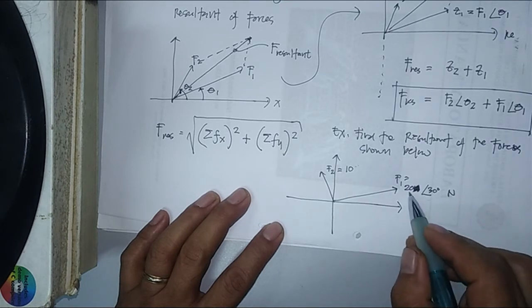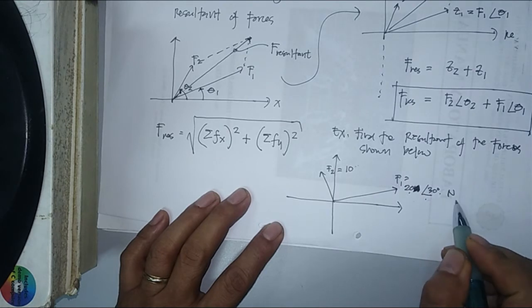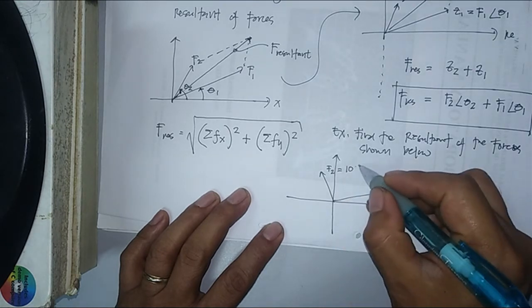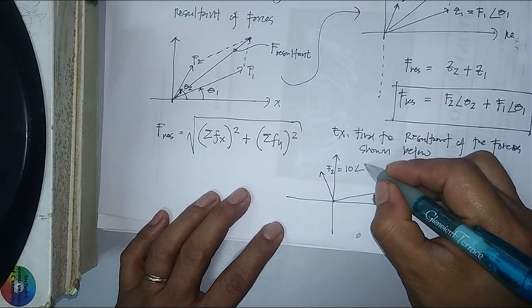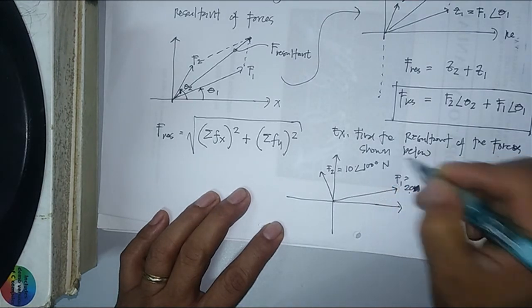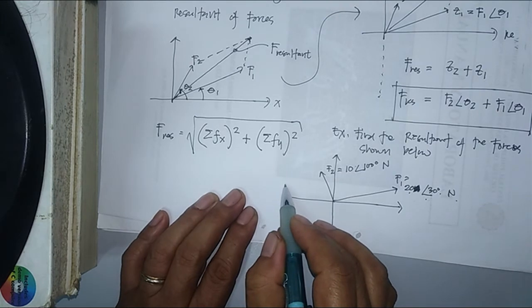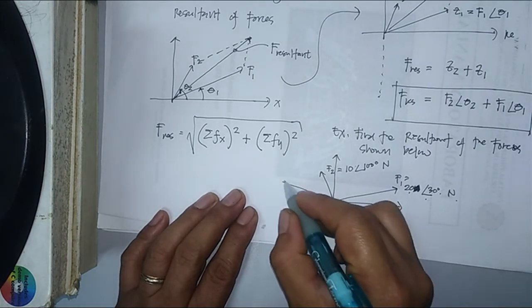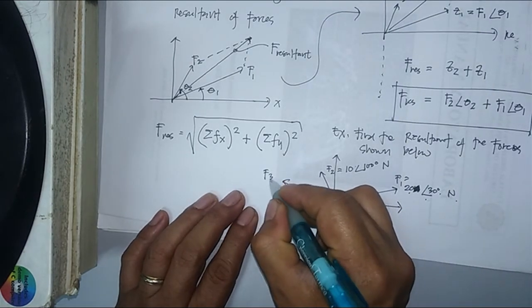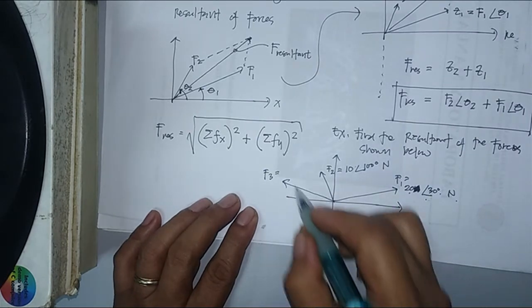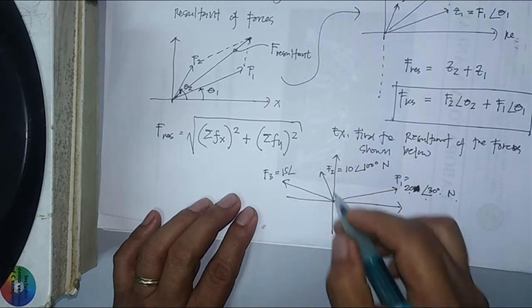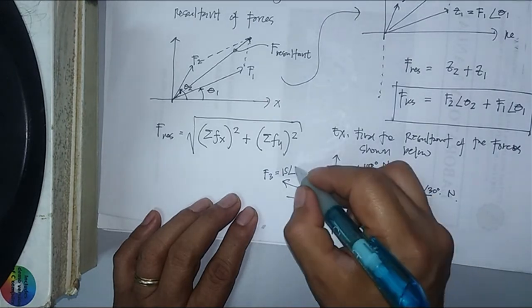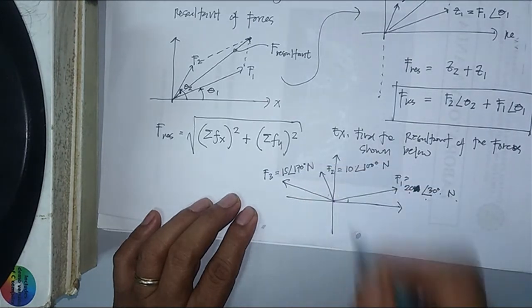So this is 20 angle of 30 degrees Newton, and this is 10 angle of, let's say, 100 degrees Newton. And the last force we have, F of 3, we will label as 15 angle of, from this up to that point, 170 degrees Newton.